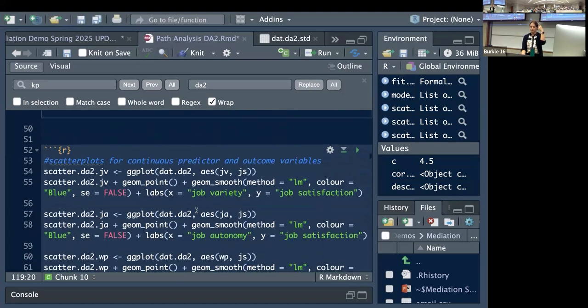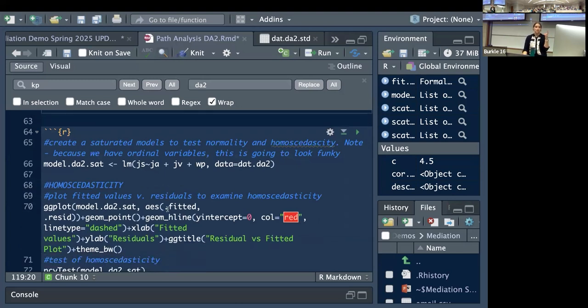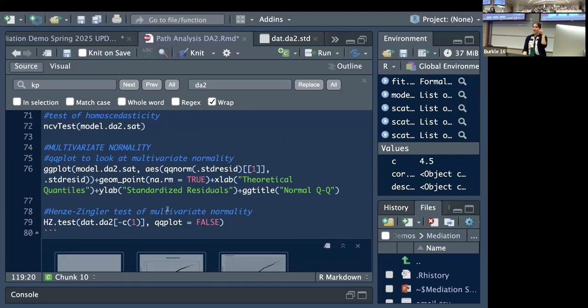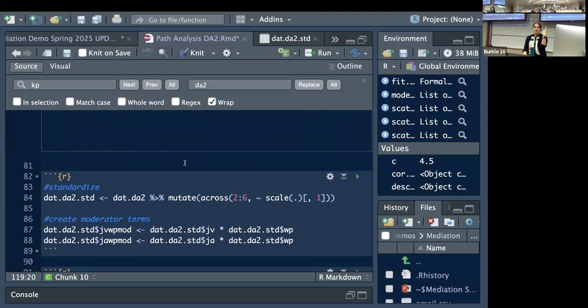Linearity, scatter plots looked good. Homoscedasticity, data was homoscedastic, confirmed by the NCV test and Breusch-Pagan test. Data were normal, confirmed by both a QQ plot and a Shapiro-Wilk test. Then we standardized and created moderator terms. Just go chronologically through everything you did in your analysis and put it in your write-up.